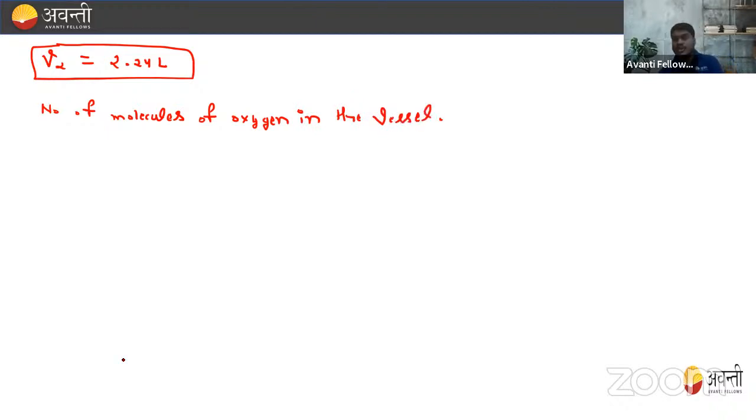Okay, so the number of molecules of oxygen in the vessel you need to calculate. So how will you calculate? That is nothing but Avogadro number multiplied by 1.6 and divided by 30. So that is how you can get the number of molecules of oxygen in the vessel.